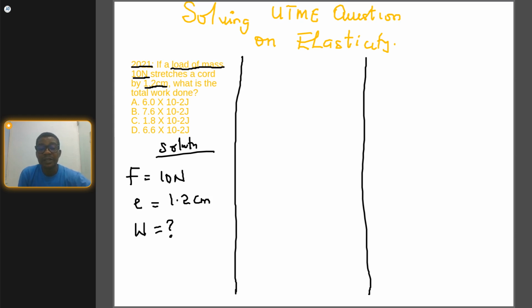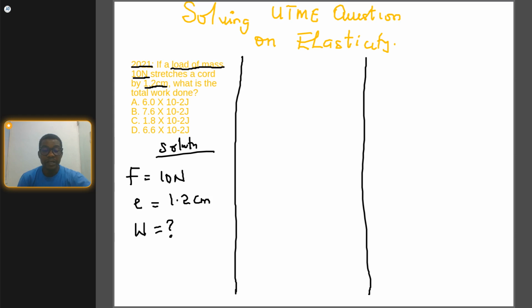So we need to get the total work done. But before we proceed, let's take note that our extension cannot be measured in centimeter. We have to convert it to meter because in physics, length is measured in meter.